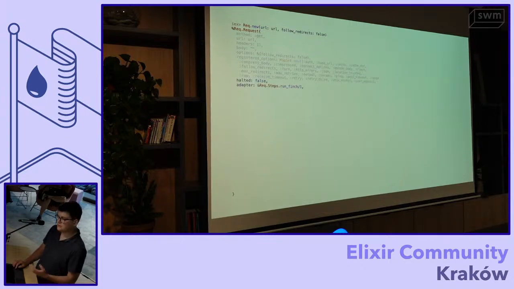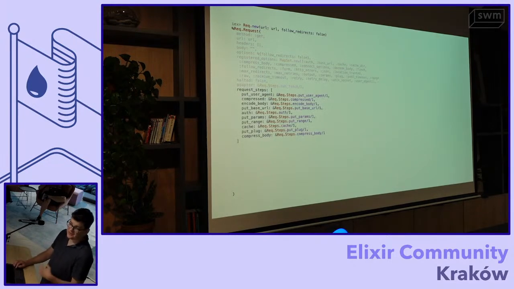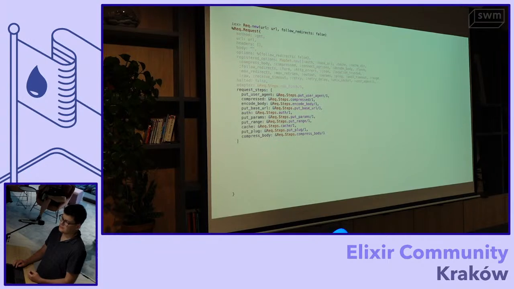We have halted, which is kind of like the plug conn halt, and adapter, which we are going to cover later. And now we actually keep track of all of the steps on this request as well. By default, Rec will put all of these built-in ones, but you can rearrange them as you wish. These are the request steps: the steps that happen before making the network call. This would be setting headers, setting body, setting a URL, and so on.